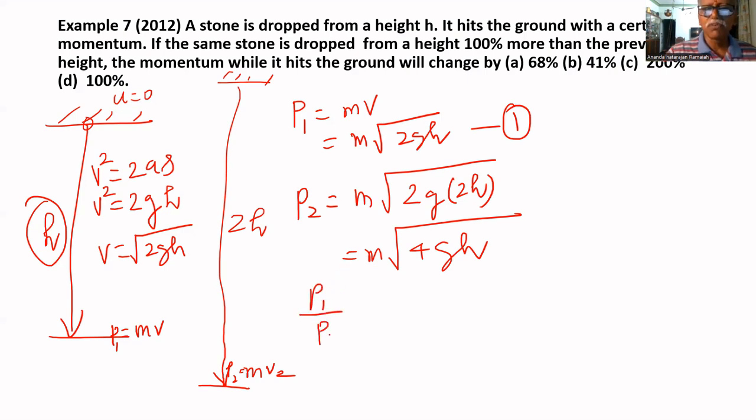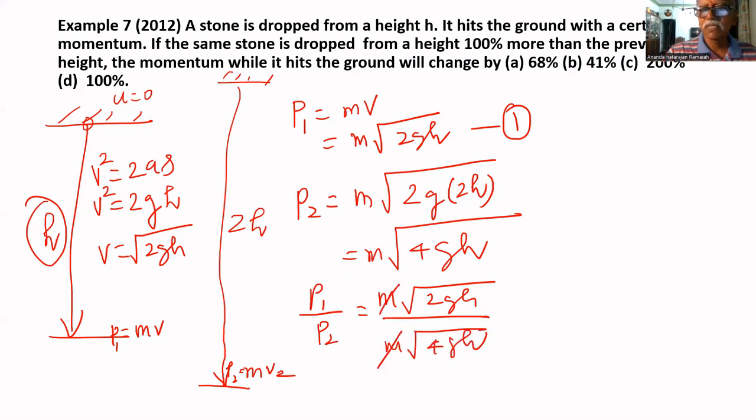What is the ratio? P1 by P2 equals m root 2gh divided by m square root of 4gh. m gets cancelled, g and h also get cancelled.